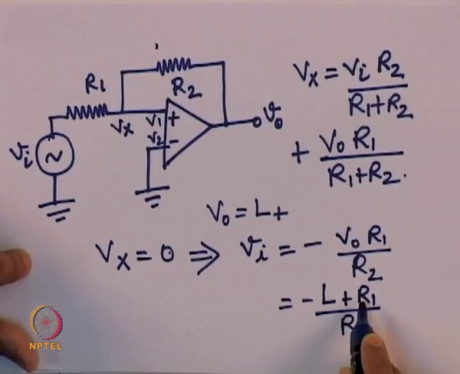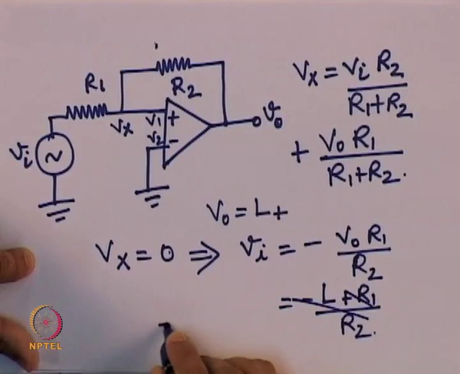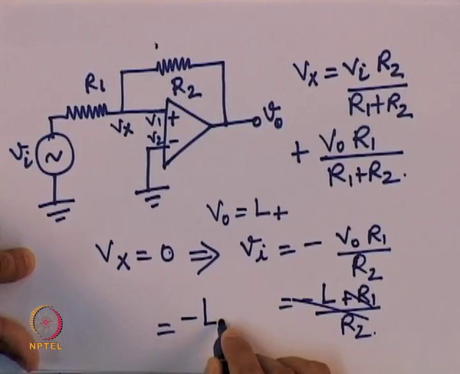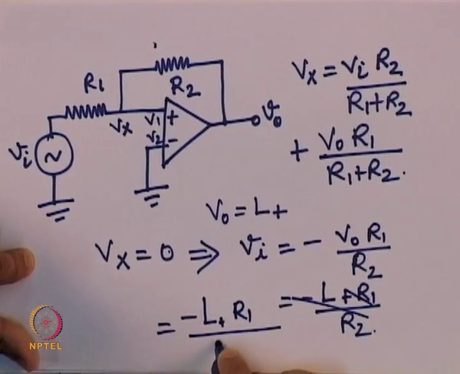Okay. This is not L plus R1, let me write it in a different way, so that it is L with a small subscript plus, R1 upon R2.